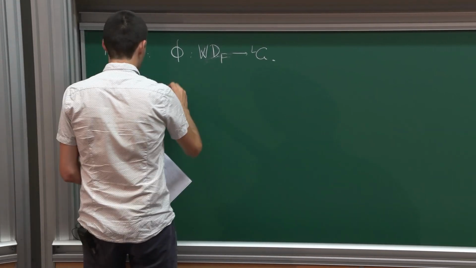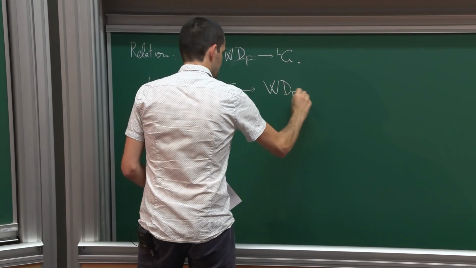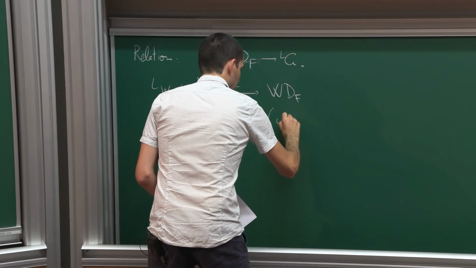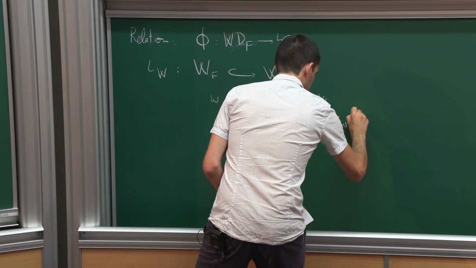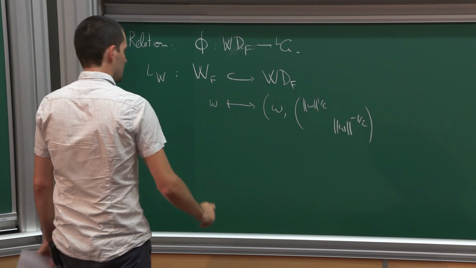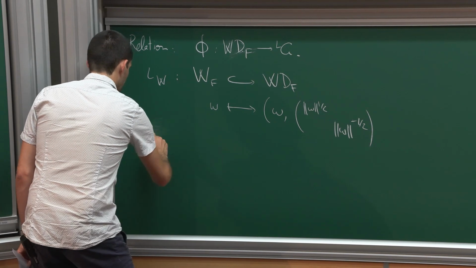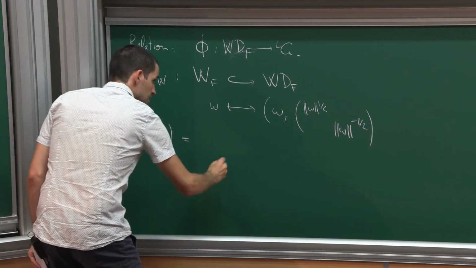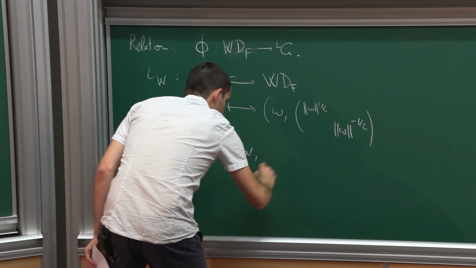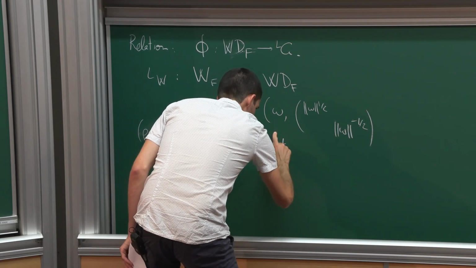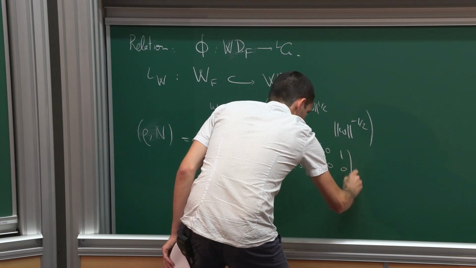So iota W, so you map W to this thing, and you get rho and N, which is, so you compose phi with this iota W, and you differentiate the algebraic morphism on SL2, take the image of this thing.